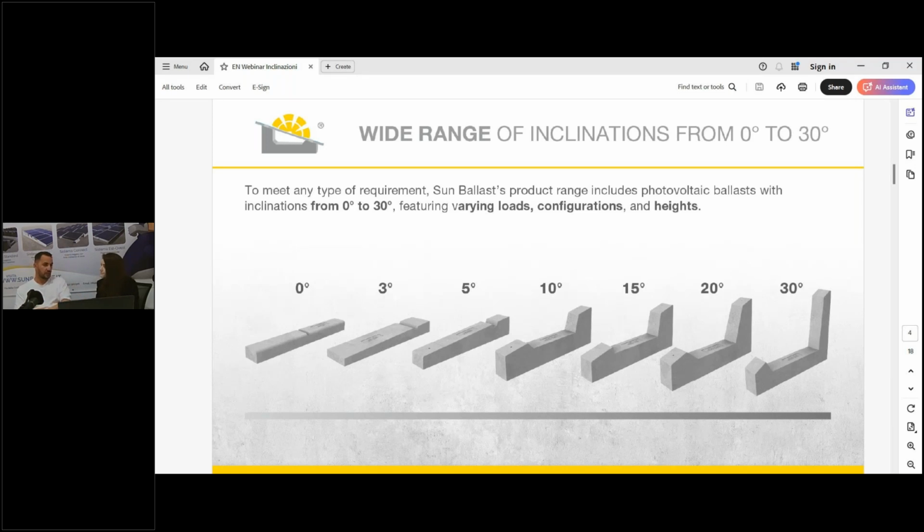The ballast came up with this range of inclination from 0 to 30 with different systems for varying loads, configurations, and different heights. Like we said, the ballasts are not all the same, right? The 0 degree is lower, the 5 degree is higher, and the weight as well.